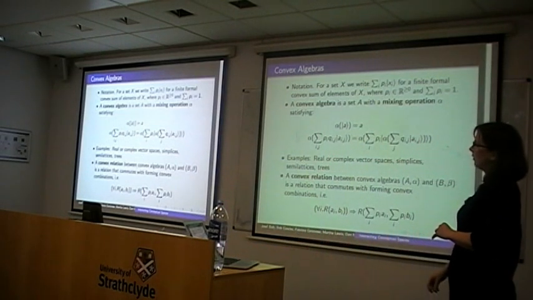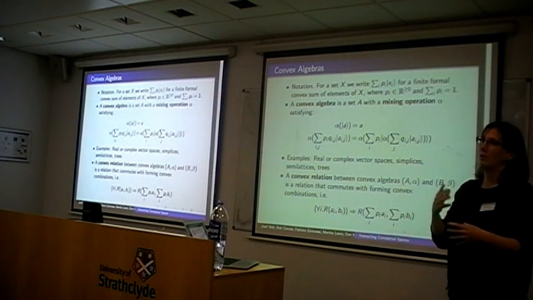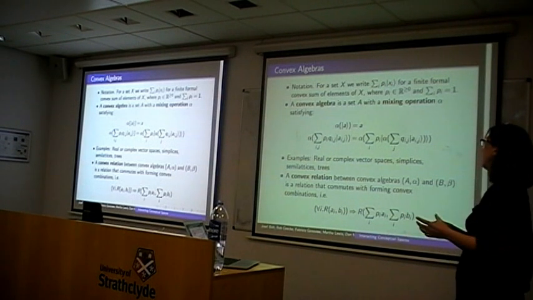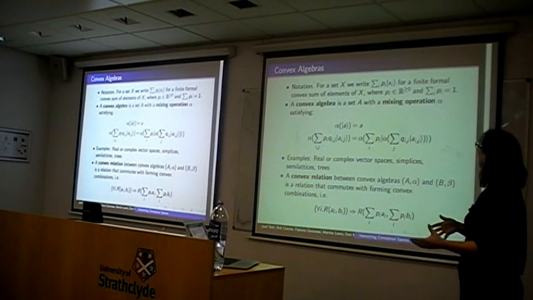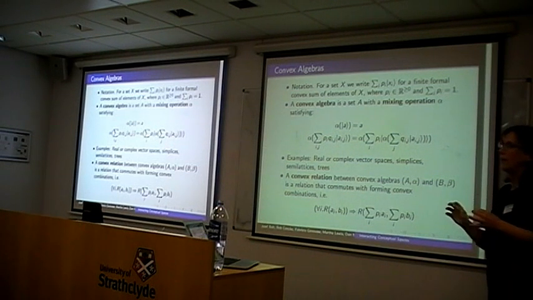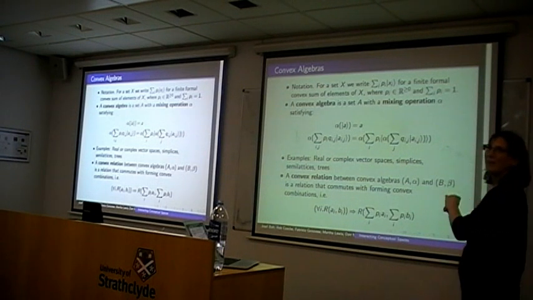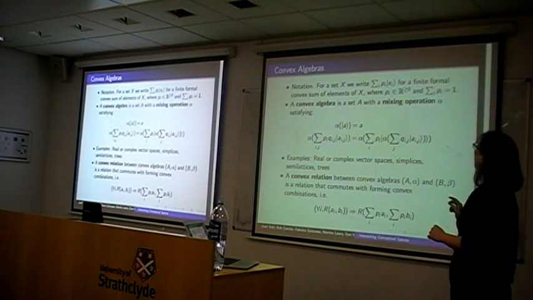Okay, so we're going to move slightly away from the version of conceptual spaces that we have just heard about, and we're going to talk about convex algebras. So this is a fairly dense slide, but I'll do my best to go through it, and if anyone, like Dan, wants to chip in and clarify, then go ahead.